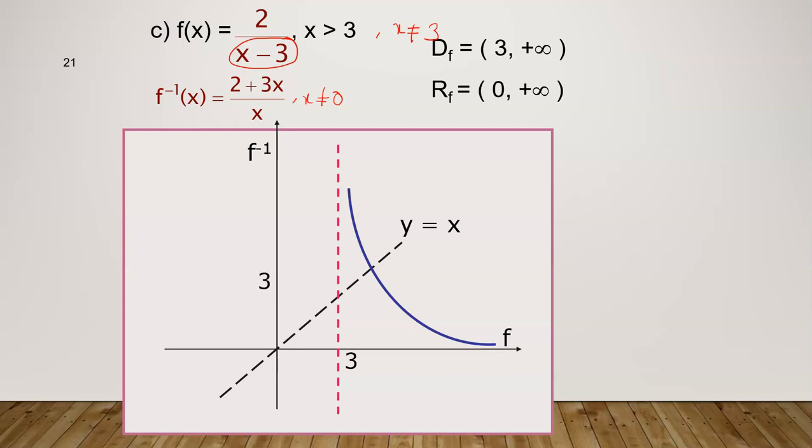Since this is a reflection, that line also will be reflected across y equals to x, so you cannot have a line passing through that y equals to x as well for your f inverse. Okay, so you have this, right? Very easy, can? So this is your f inverse.